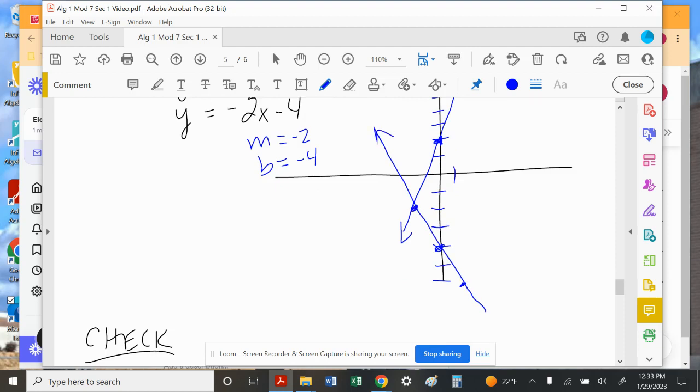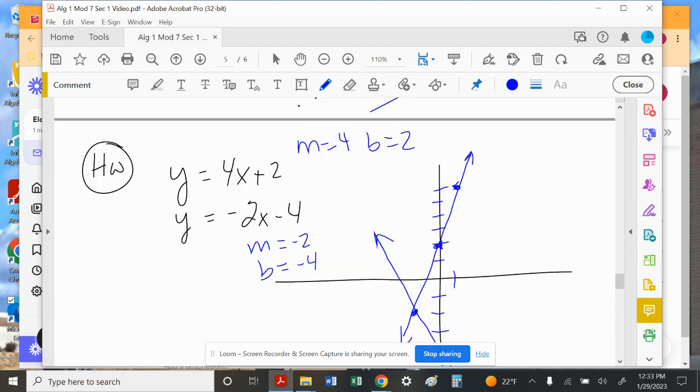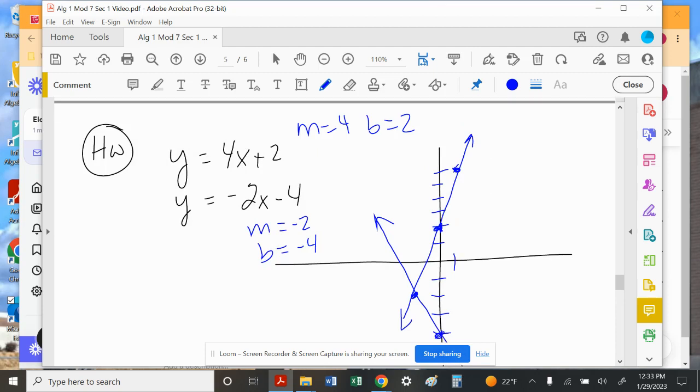Okay, so now trying to determine what that means in this particular case is a little bit more difficult to comprehend or figure out. So I know, just because I've graphed them, that they actually cross right at this point, which is negative 1, which is here, and negative 2, which is here.